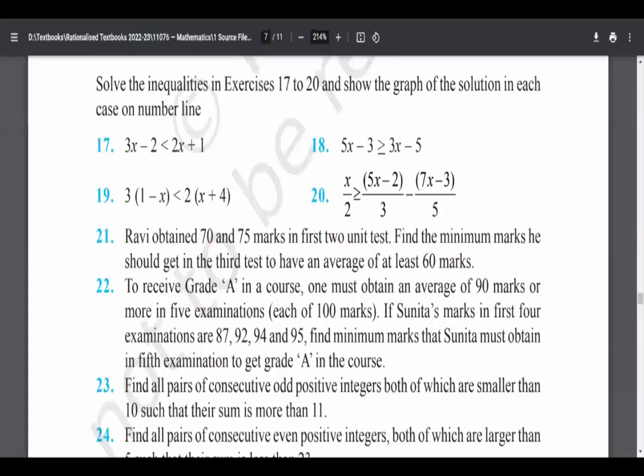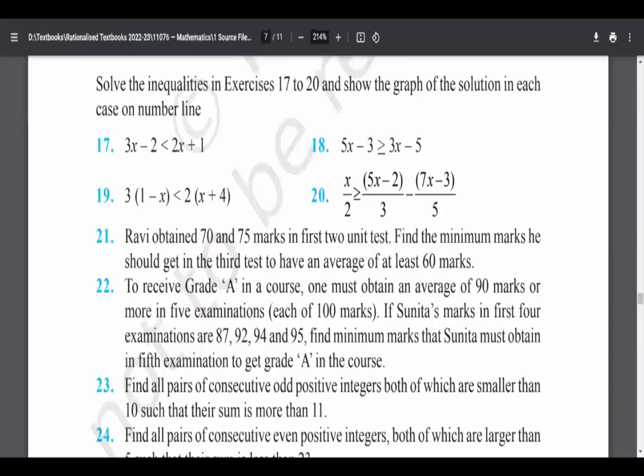So we got our first answer which is a fraction. No worries, x is greater than or equal to minus 2 by 7, so our answer will be minus 2 by 7 till infinity. You can draw the number line for the same. Let me change the color and draw it. This is my number line.